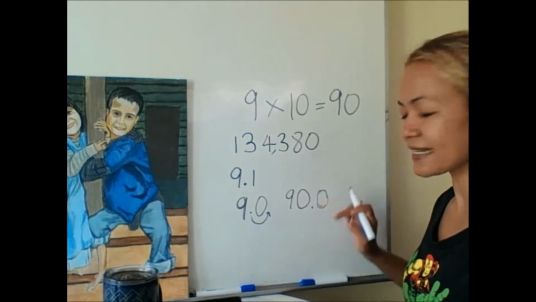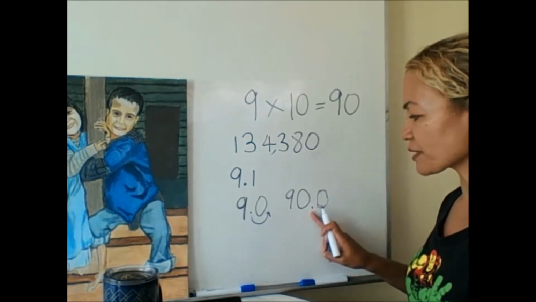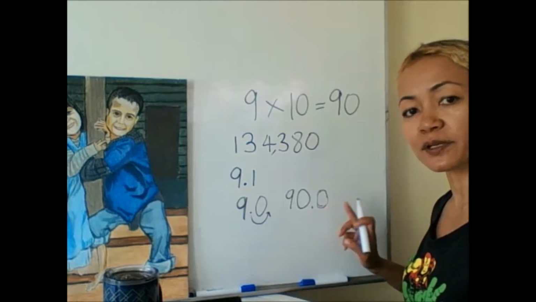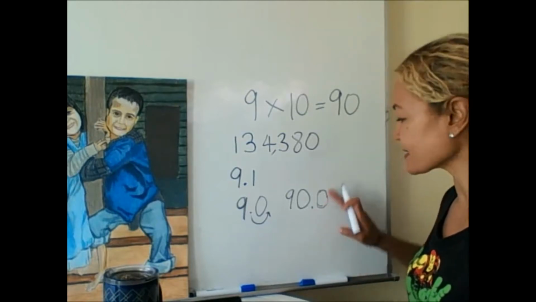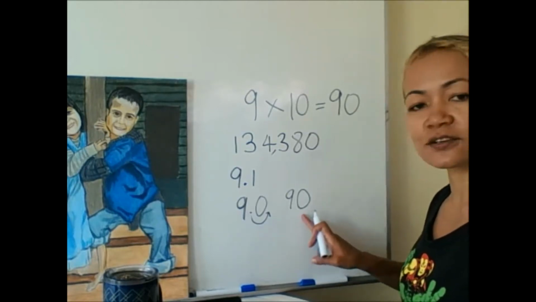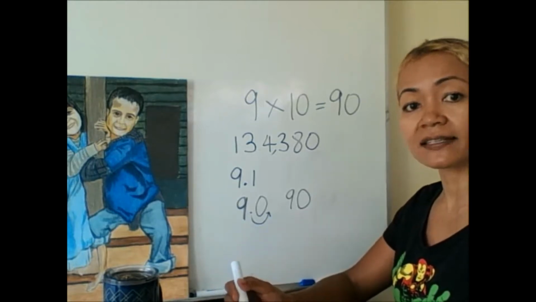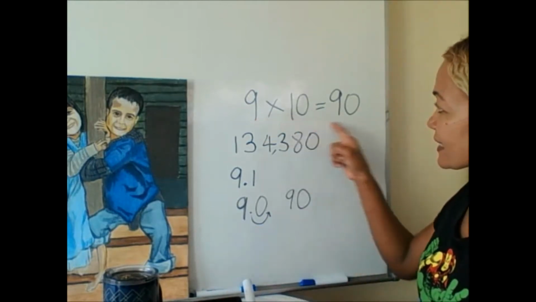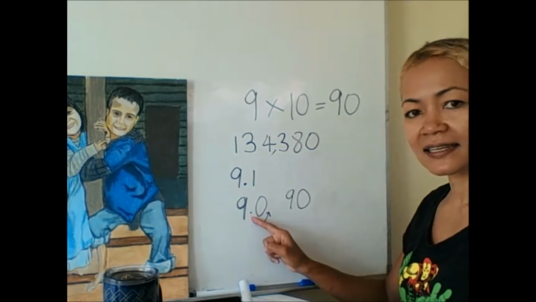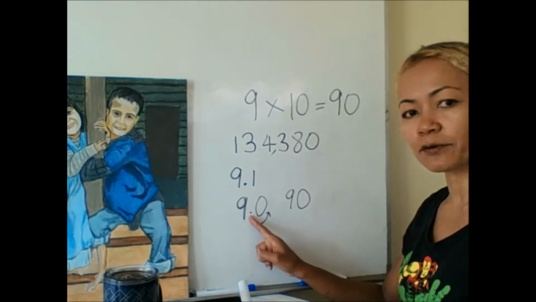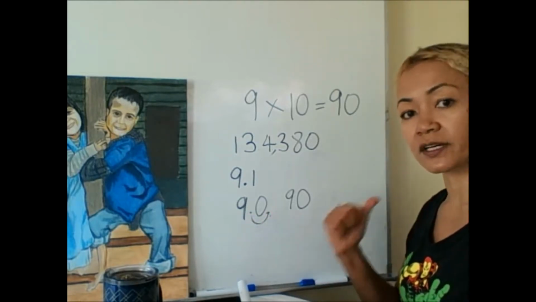But again, like I said, we normally don't show this decimal point and the 0 because they're not significant in most cases. So the answer you're left with that you normally would write down is 90. Exactly like the top here, right? So all that's happened is the decimal point has moved one spot over to the right.